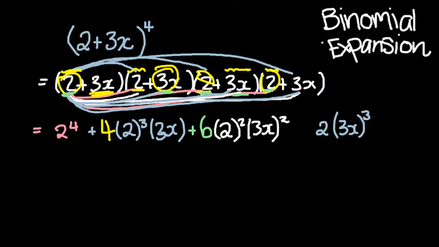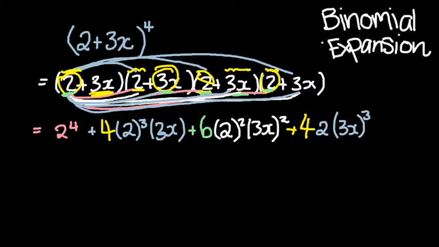Maybe already you're spotting that it's the same combinations of one thing and 3 of the other, which would mean that there were 4 of them. If you're not sure about that, pause the video and just count through and make sure you're happy that there are 4 different ways of getting 1 2 and 3 lots of 3x.